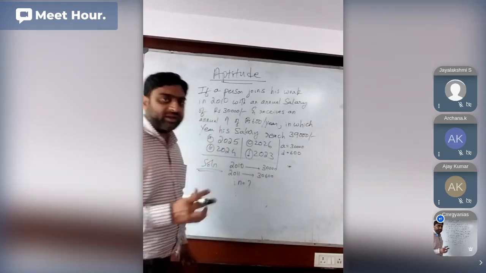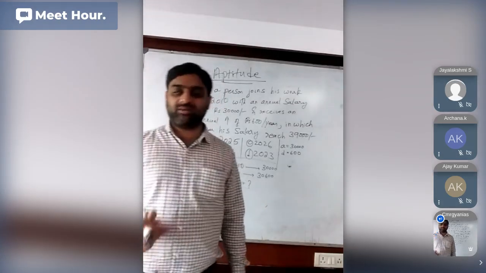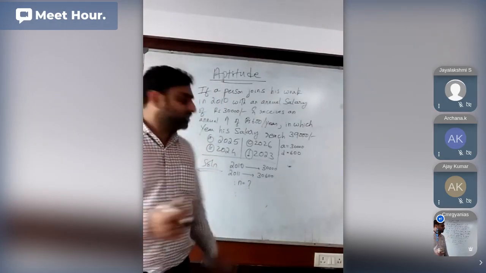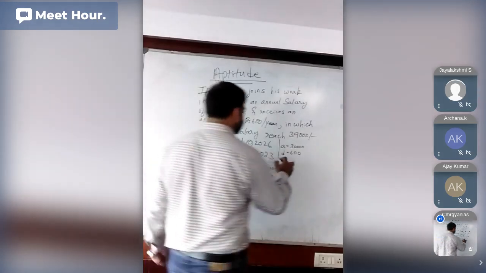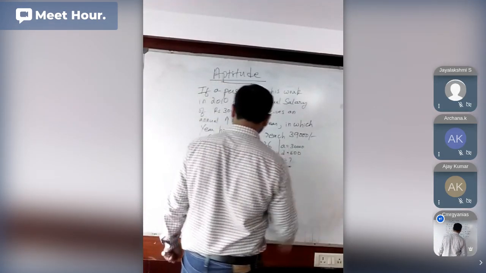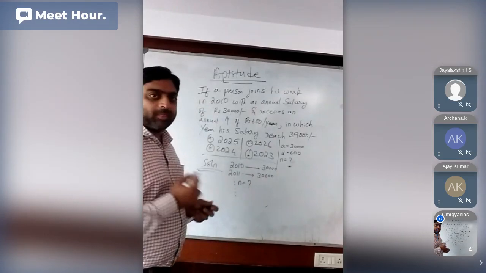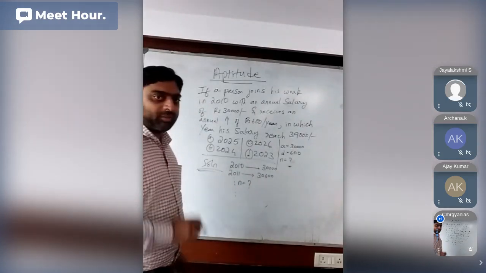N is what we don't know. They are asking you N, how many terms there are. You don't know N. Now what is the formula?